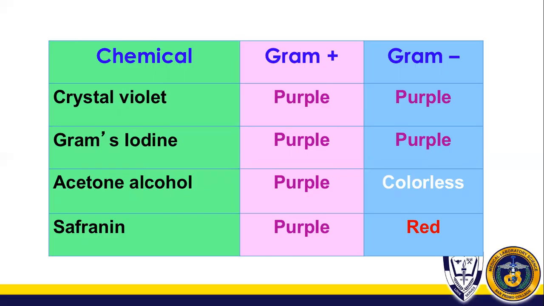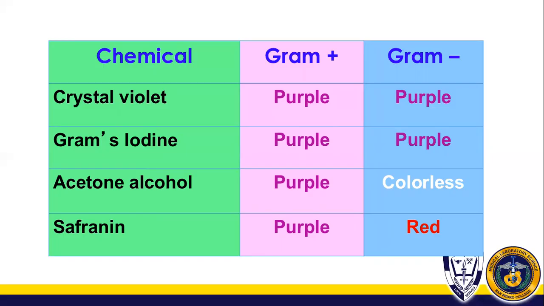Then for gram-negative organisms, the effect of acetone alcohol is quite negative towards the lipopolysaccharide layer. The acetone alcohol would actually create pores on the lipopolysaccharide layer, allowing the acetone alcohol to enter into the thin peptidoglycan layer, removing the crystal violet in it.